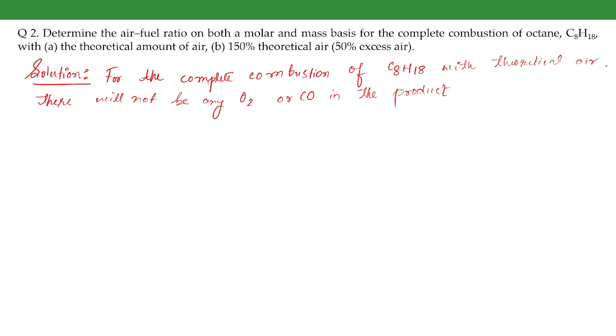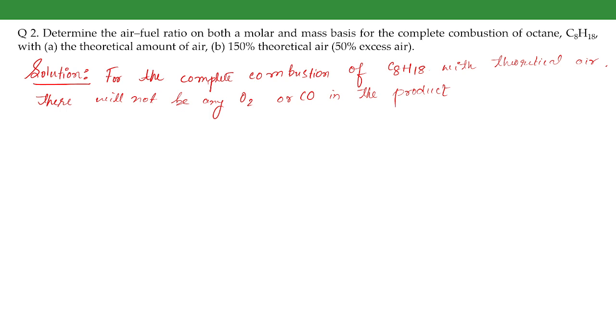First, second is the oxygen. And for oxygen, since we are using theoretical amount of oxygen, that means that the entire amount of oxygen in the air will be used up.